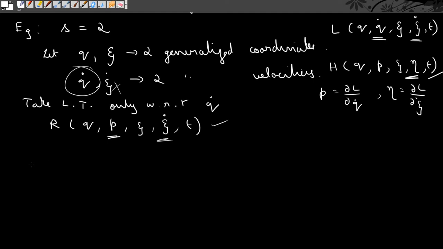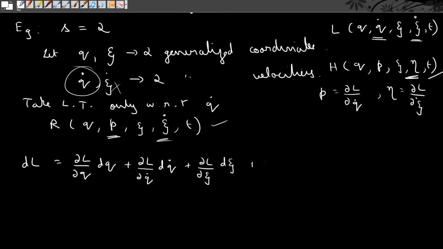For that, let us first calculate the differential of the Lagrangian. This will be dL equal to ∂L/∂q dq plus ∂L/∂q dot dq dot plus ∂L/∂xi dxi plus ∂L/∂xi dot dxi dot plus ∂L/∂t dt.